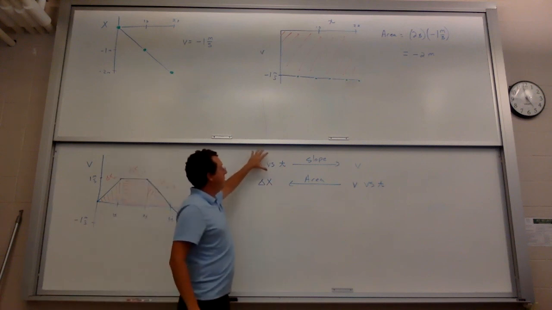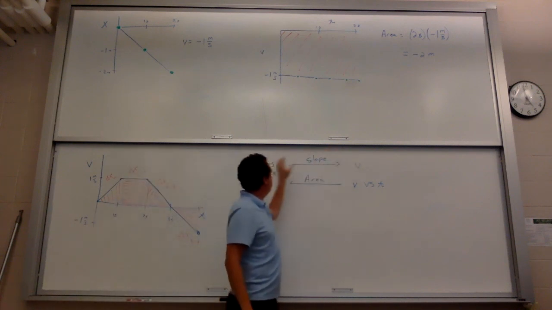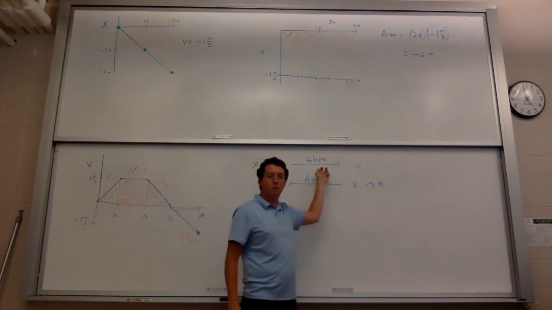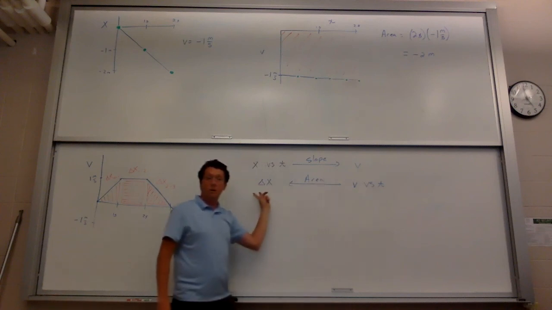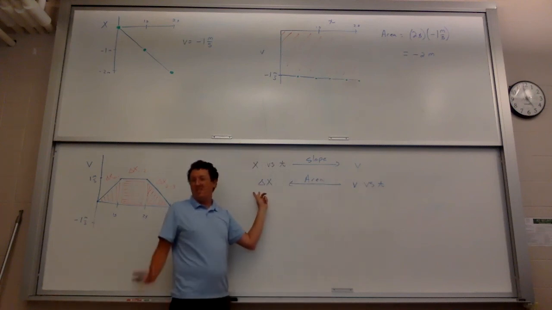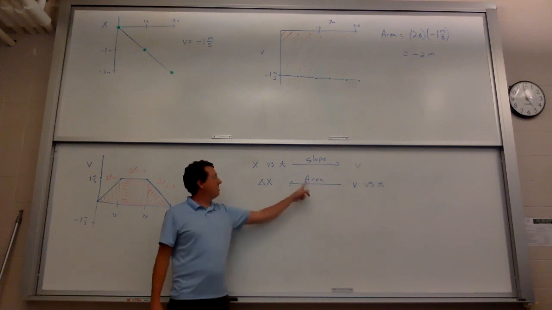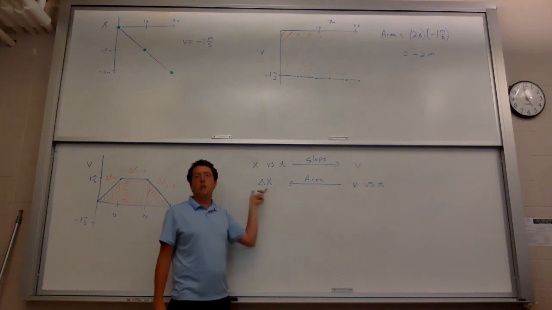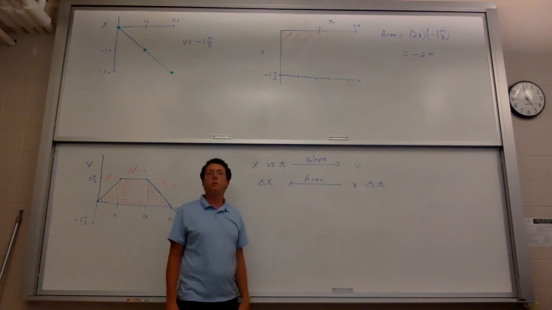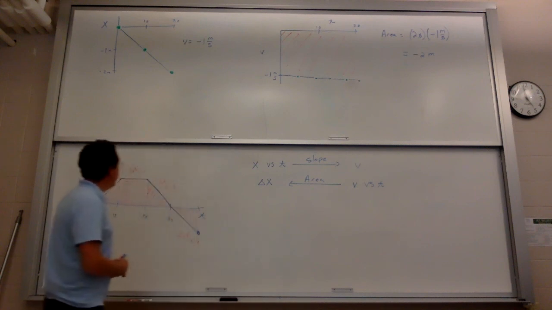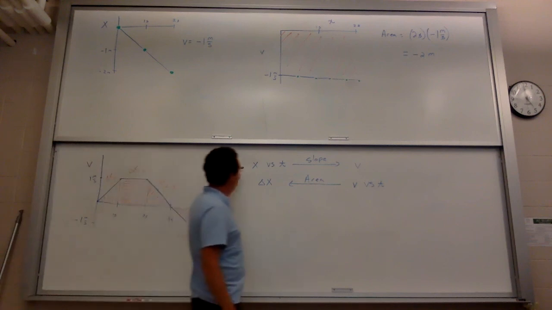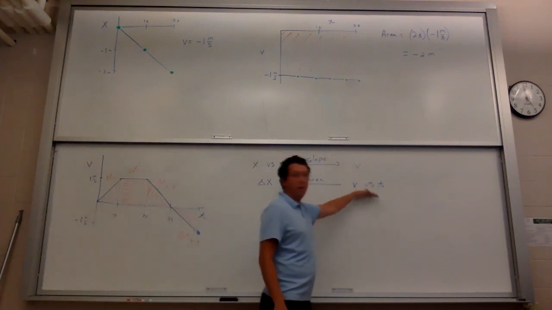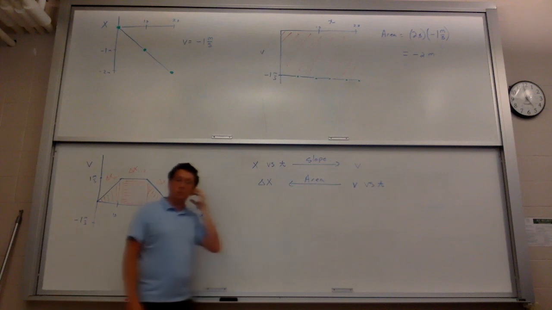But we can go from position versus time to velocity by looking at the slope, and we can go from velocity versus time back to position almost by using the area. It doesn't quite give us position, it gives us the change in position. But morally, you're working your way backwards. So that is how we can graphically go from position to velocity or from velocity back to position.